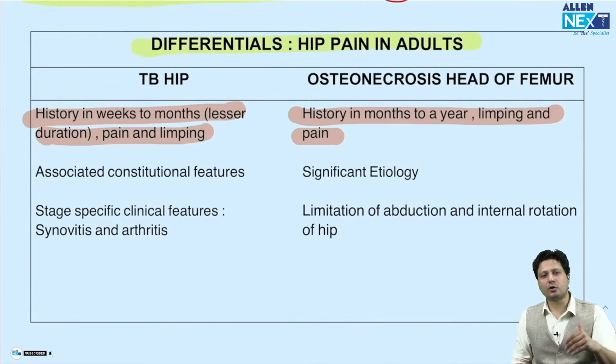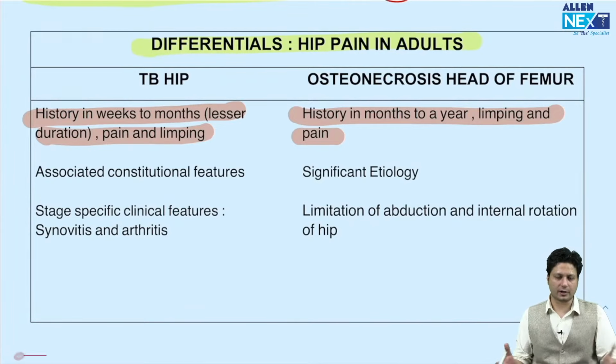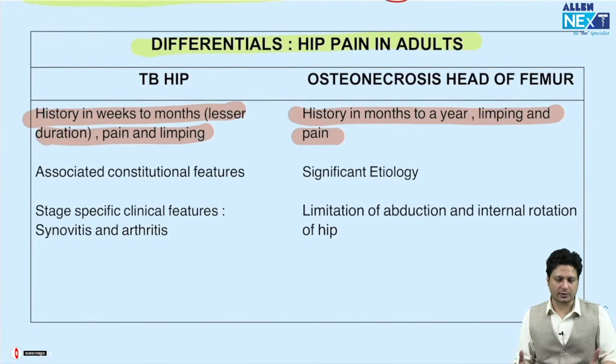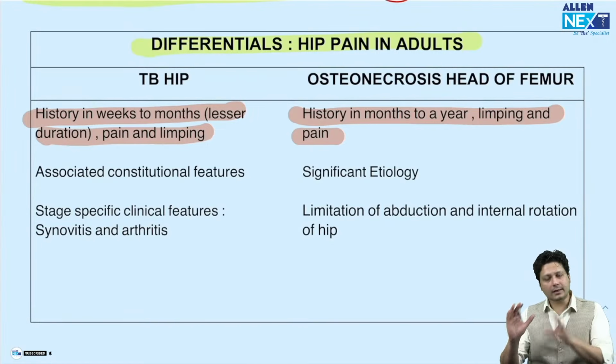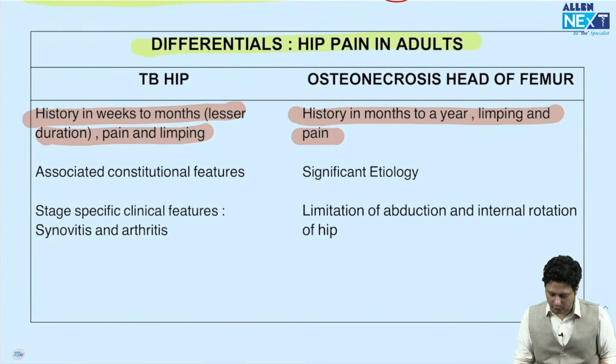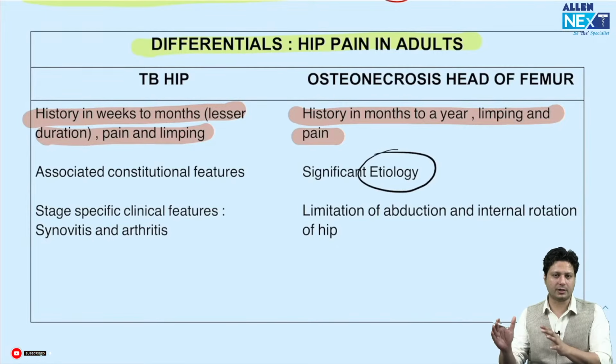Next, there are going to be associated constitutional features in case of tuberculosis: fever, night cries, weight loss, anorexia, loss of appetite, and the contact history. While in case of osteonecrosis of the head of the femur, the examiner will give you a specific etiology.